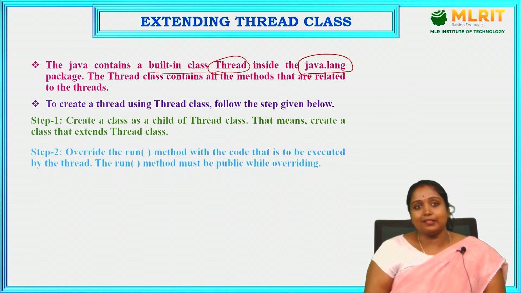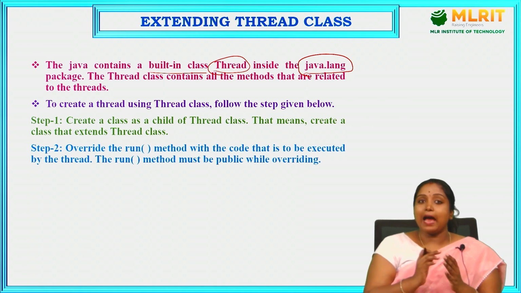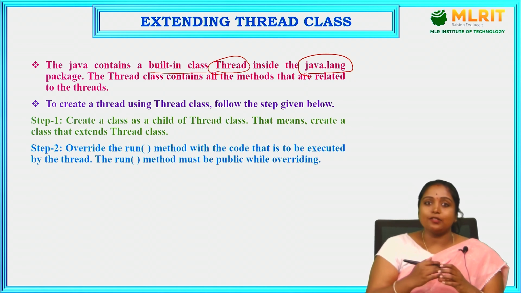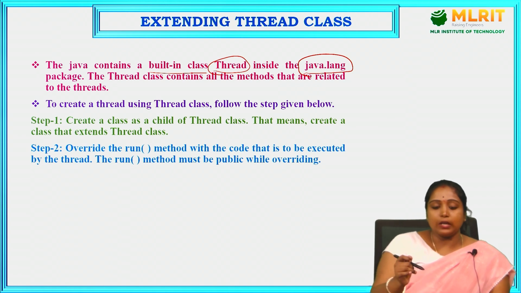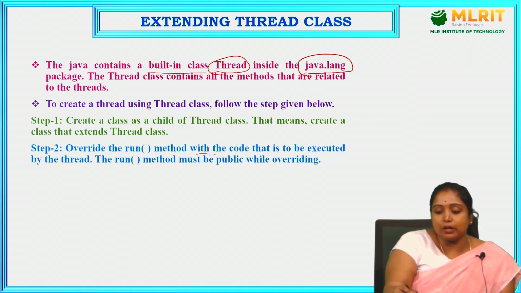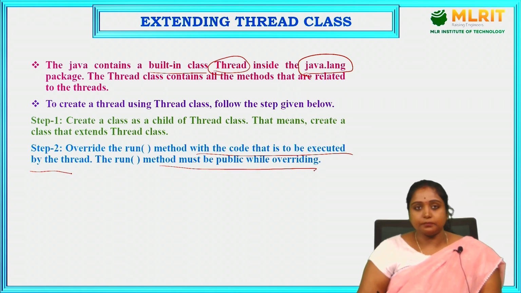The second step is you have to override the run method. There is already a run method here, but you have to override it, and in the run method you write the code that the thread has to execute. The run method must be public while overriding.